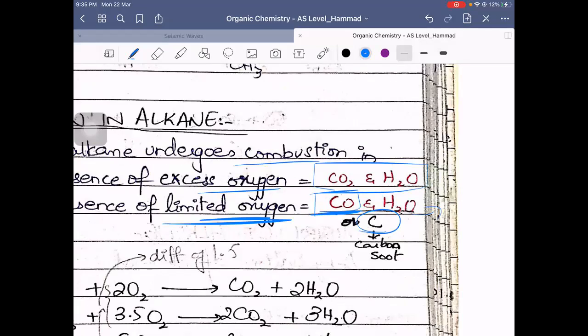Carbon soot is more like a charcoal sort of substance. If you see any equipment that undergoes heating, you will realize that after some time, there is a certain black material that gets deposited onto it, and that is the carbon soot.